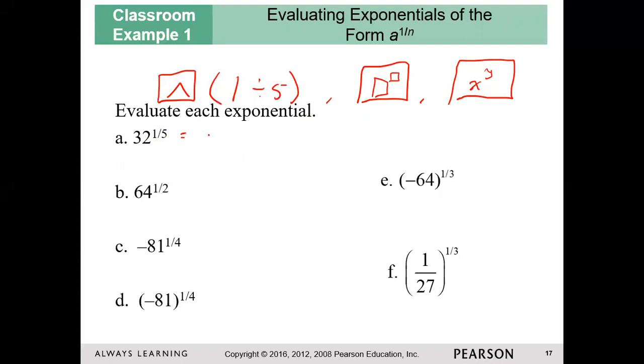So 32 raised to the 1/5 power is 2. 64 raised to the 1/2 power is 8. This, of course, is going to be the negative of 81 to the 1/4 power, so this is going to be -3 here. This one is non-real.